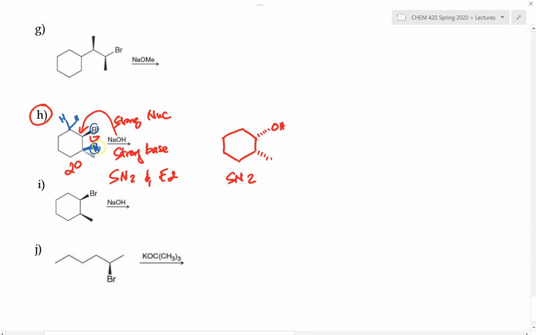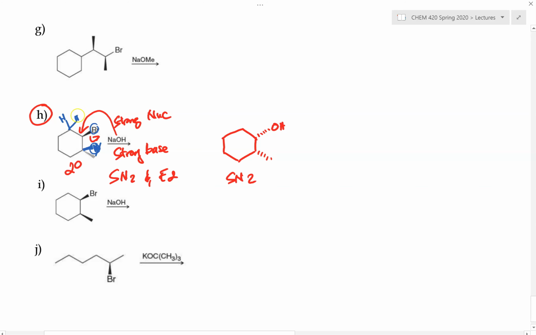And here, this hydrogen is pointed in the same direction as the leaving group. So therefore, we can see that the elimination reaction will not occur where the base comes in and picks up this hydrogen, because this hydrogen is not at the anti-coplanar or the anti-periplanar approach.